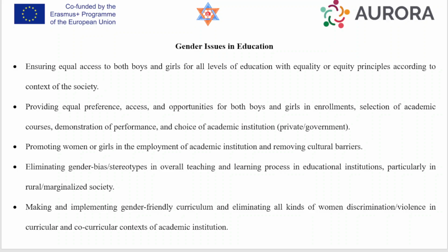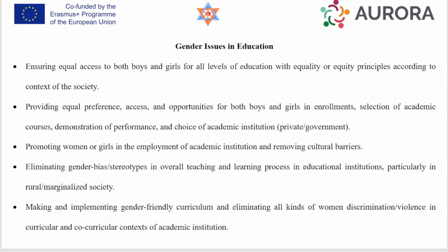In a society, there are gender biases, some stereotypes occur. A vital aspect is to eradicate gender bias and stereotype from the teaching and learning processes, particularly in rural or marginalized societies. This includes challenging preconceived notions about gender roles and capabilities.